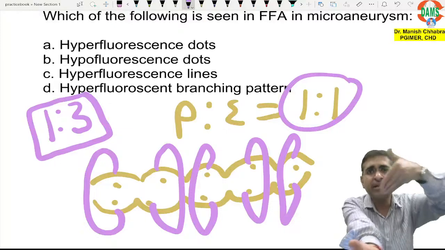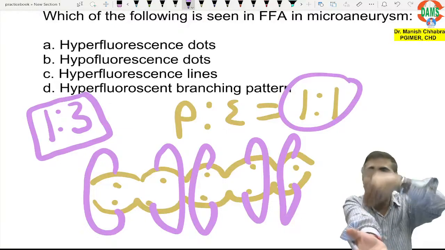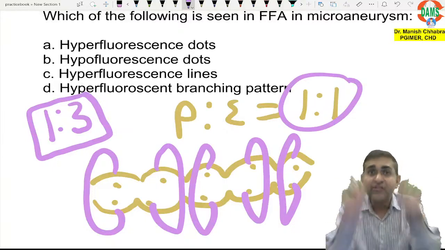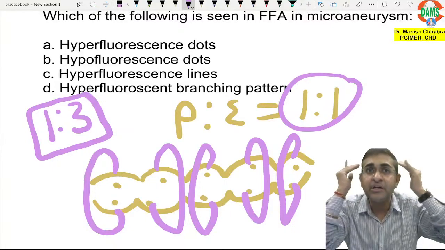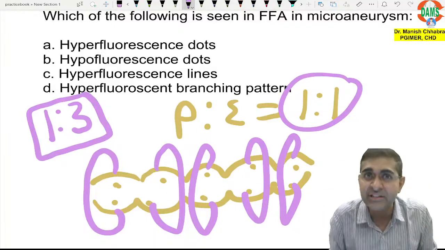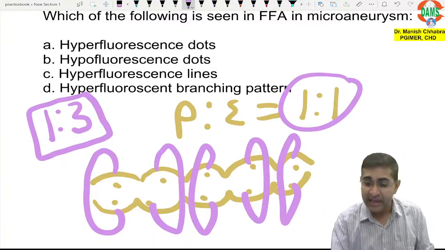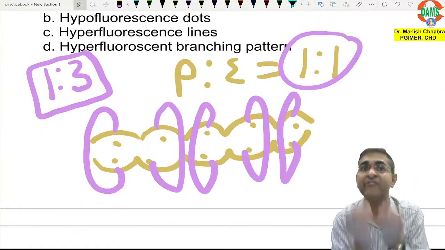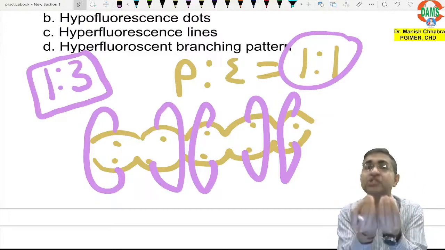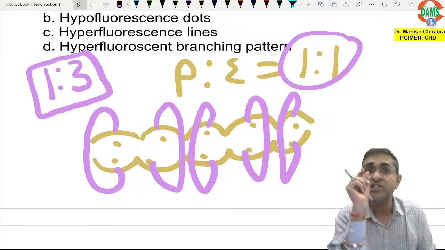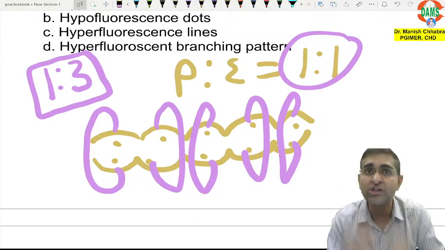Now when you inject the dye in the antecubital vein, which dye? Sodium fluorescein dye. After 11 seconds, the dye will appear in the retinal circulation and you will take photographs with red free light. Wherever there is bulging of the outer wall of the vessels, which you technically call microaneurysms, you will see hyperfluorescent dots there.